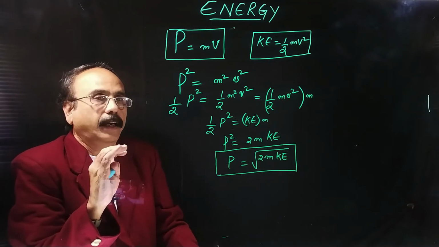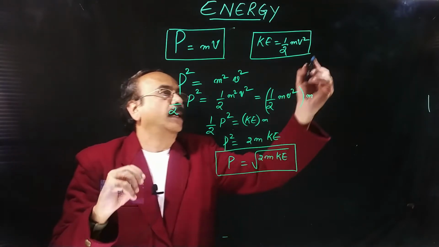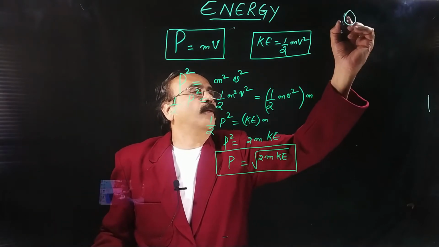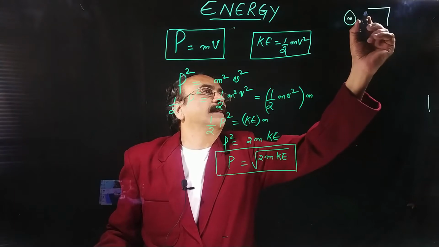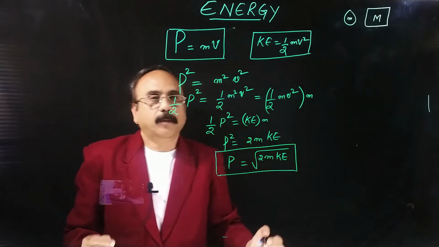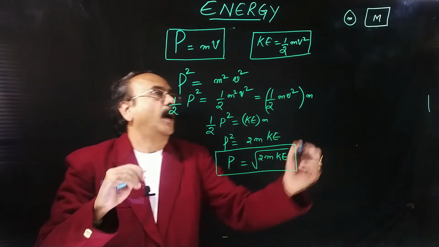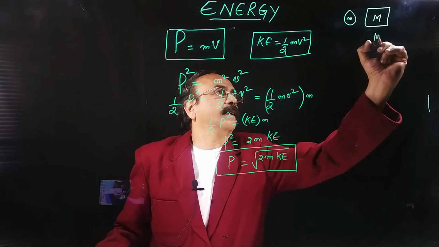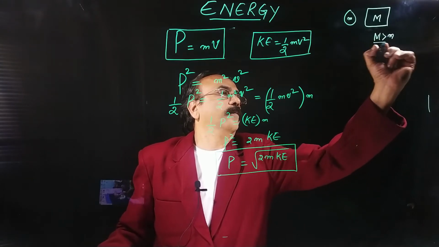Here a conceptual question can be asked. Suppose there are two masses, one is a lighter mass, the other one is a heavier mass. Let us represent the lighter mass by small m and the heavier mass by capital M. Obviously capital M is greater than small m.